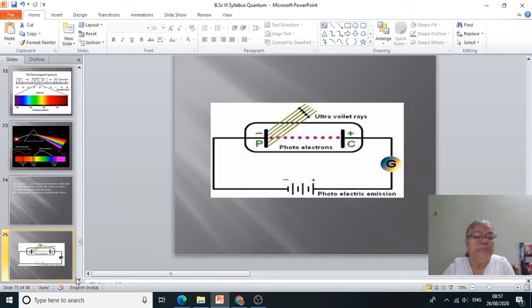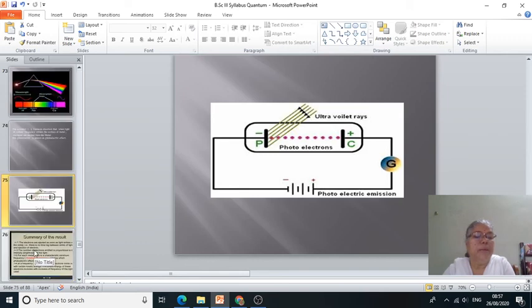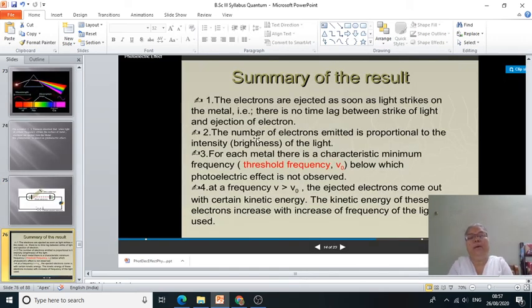Then here is the summary of the photoelectric effect. The electrons are ejected as soon as light strikes the metal. There is no time lag between the strike on the metal and the ejection of electrons.